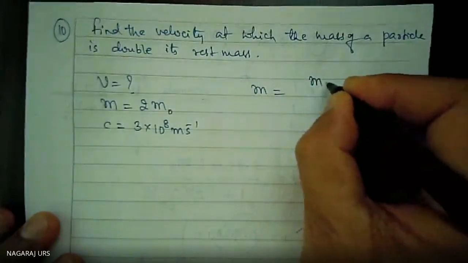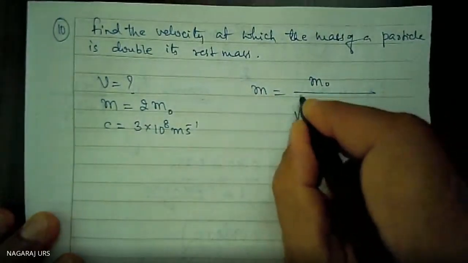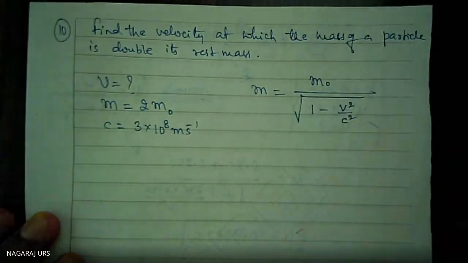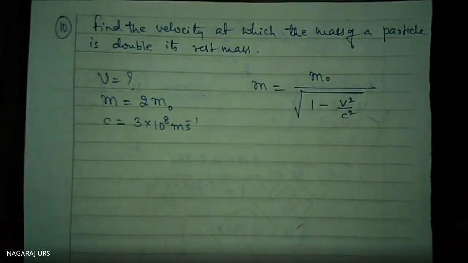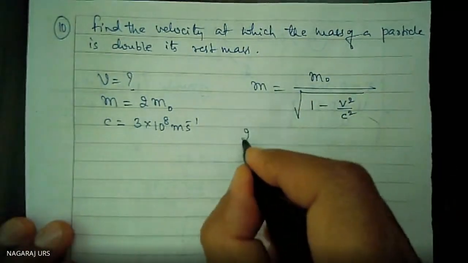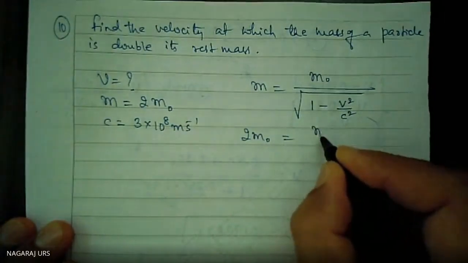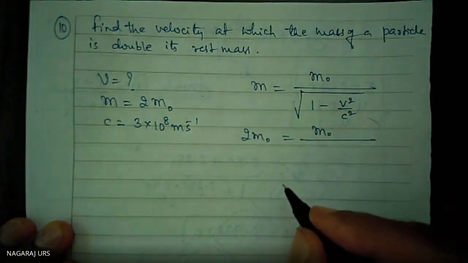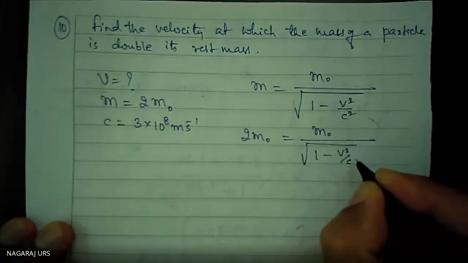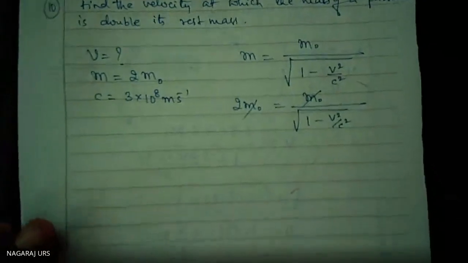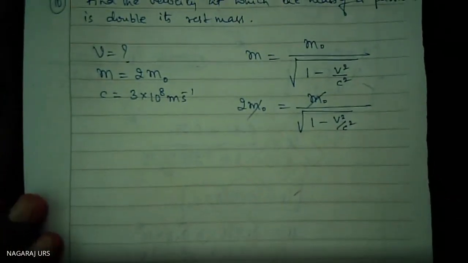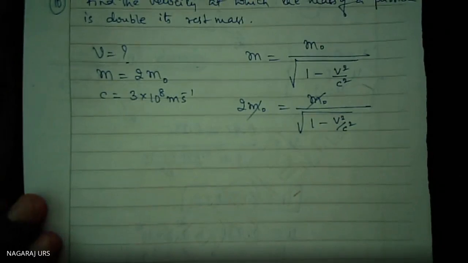Yes, take up the formula now. m is equal to m naught divided by square root of 1 minus v square divided by c square. Substitution, you do it. m is equal to 2 times m naught, and m naught is as it is, over square root of 1 minus v square divided by c square. m naught on both sides gets cancelled.